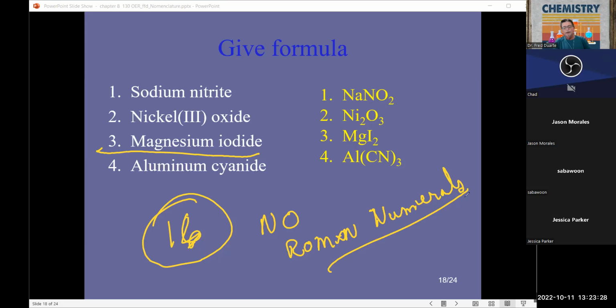That means all the other metals, like nickel here, require a Roman numeral, so it will either be given to you so you can write the formula, or you need to calculate which one it is. Then use the Roman numerals in the naming process, like this one is nickel(III) oxide. For the others, since we know their exact oxidation number, no Roman numerals are required.